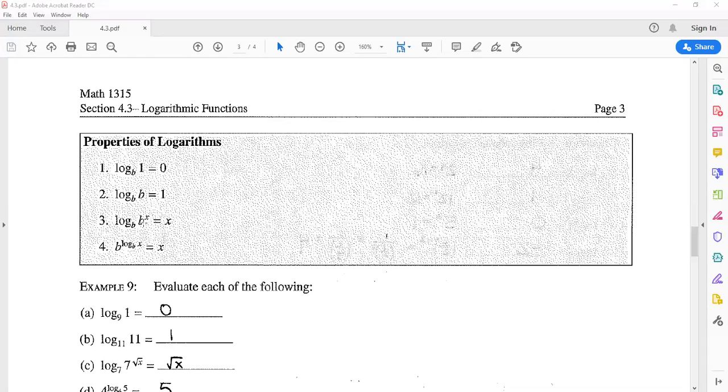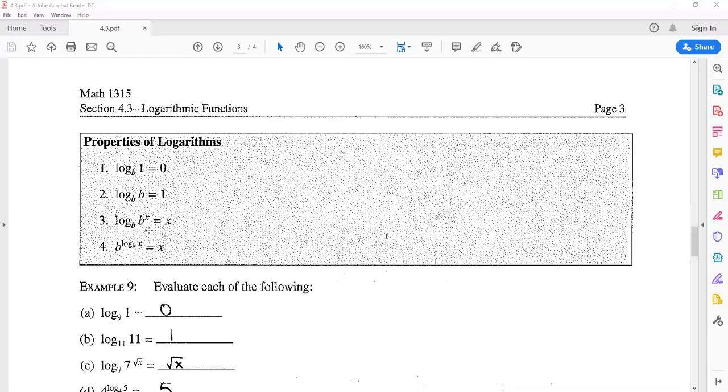So you undo the exponentiation by taking the logarithm. And going the other way, taking the composition of first doing log base b of x, and then exponentiating that base b, doing b to the log base b of x, that also has the effect of undoing the logarithm and leaving you just with x.